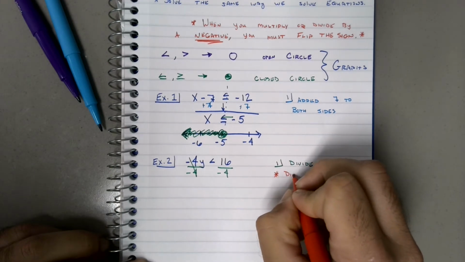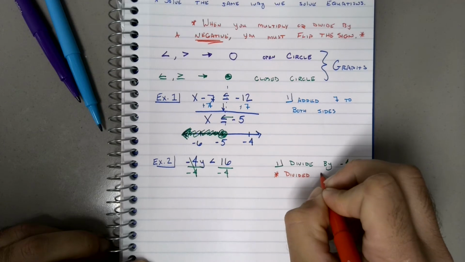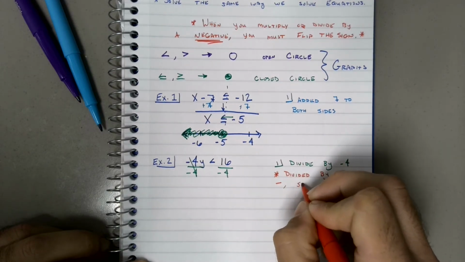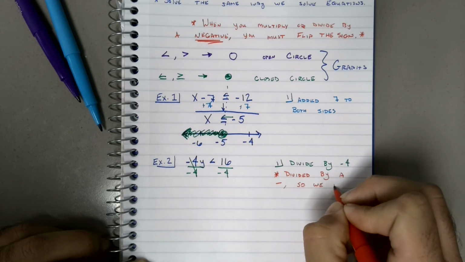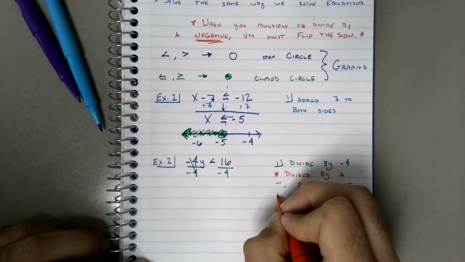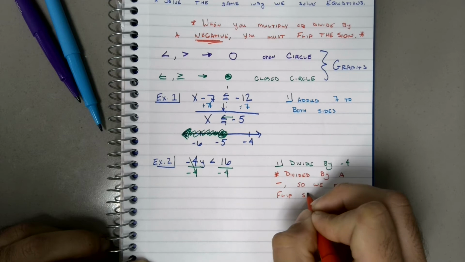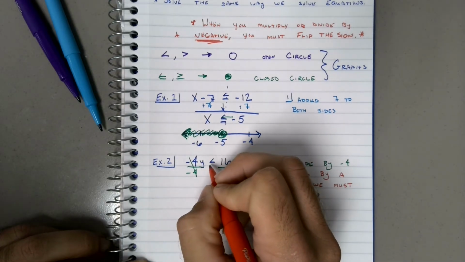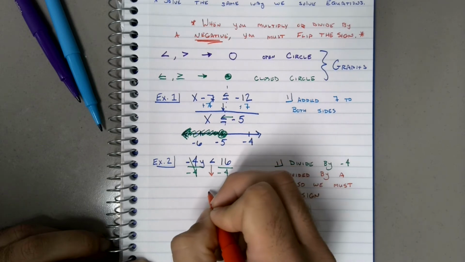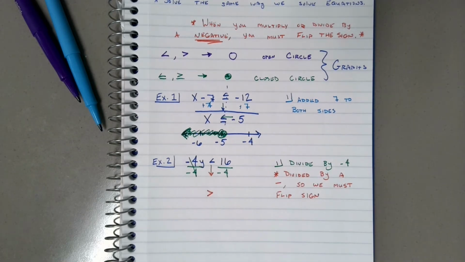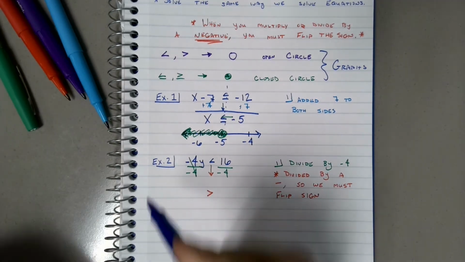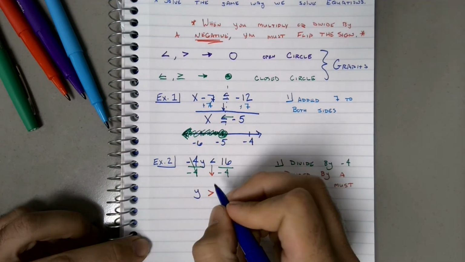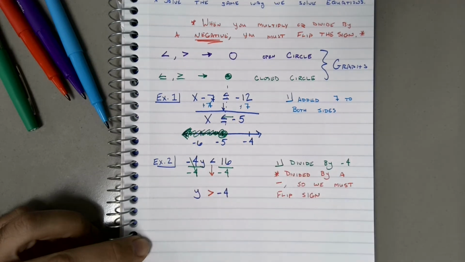We divided by a negative, so we must flip the sign. Because we divided by a negative, that means my sign is going to be less than now. Now it's going to be greater than. We bring down what's left, which is y. And 16 divided by negative 4 is negative 4.